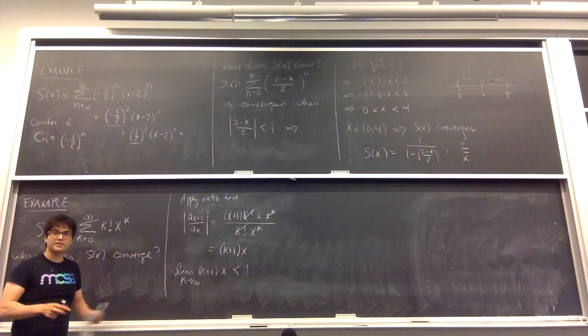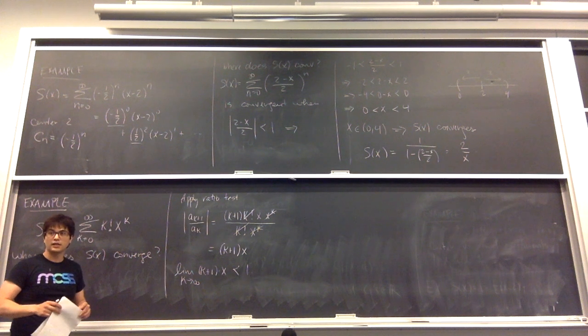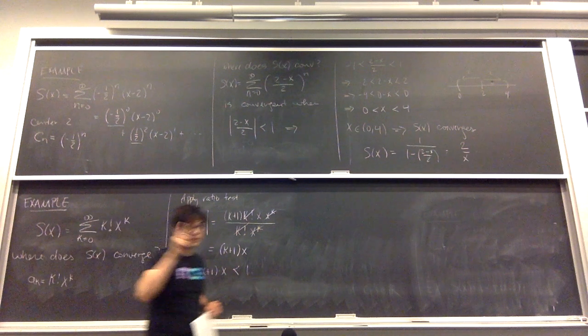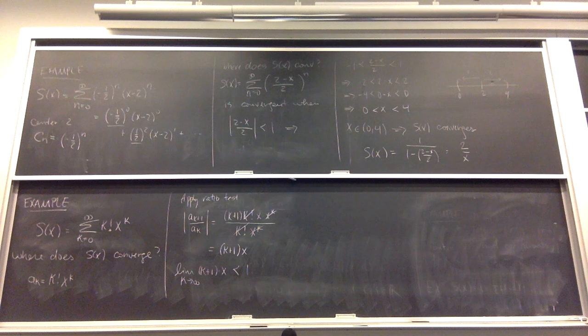Tell me for what values of x will this be satisfied? This should be very obvious. What happens if I put a 1? What does the limit go to? Well, what's the limit of k as k goes to infinity? Infinity. What happens if I put a 2? What happens if I put a half?